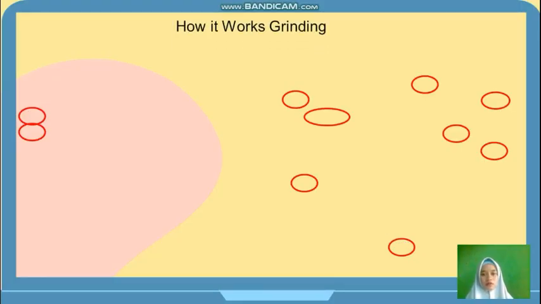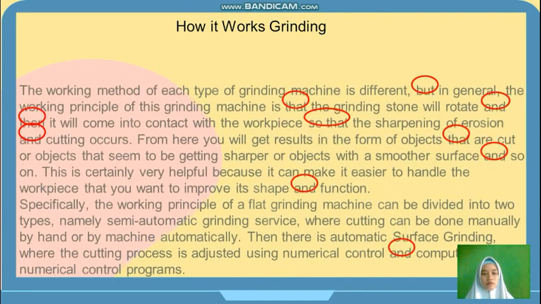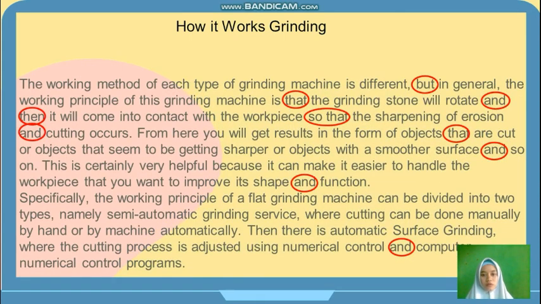How does a grinding machine work? The working method of each type of grinding machine is different, but in general, the working principle of this grinding machine is that the grinding stone will rotate, and then it will come into contact with the workpiece so that the softening, erosion and cutting occur.